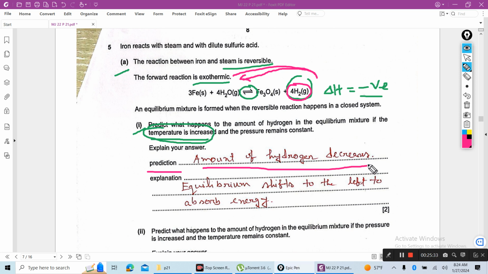The explanation: equilibrium shifts or moves to the left to absorb heat, to absorb energy.